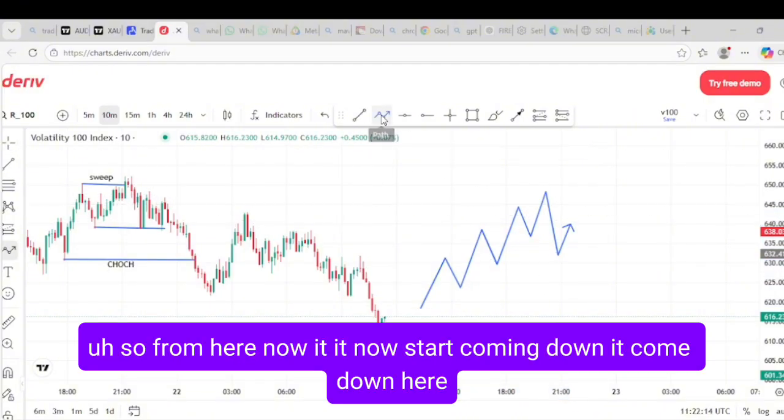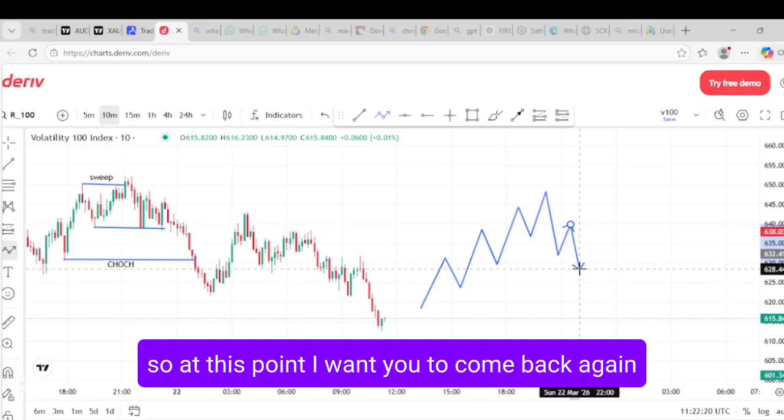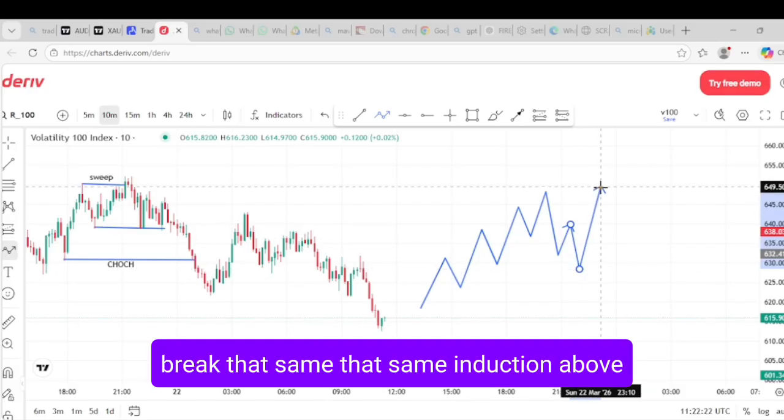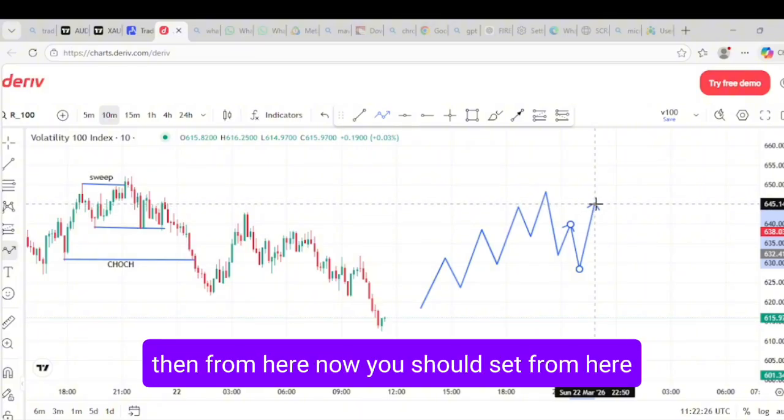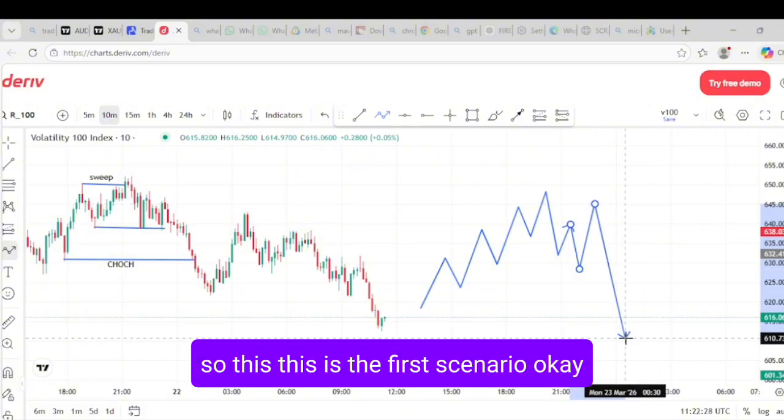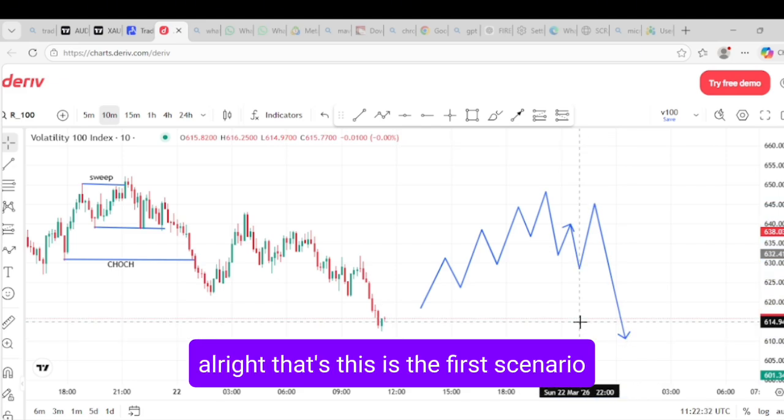From here it starts coming down. At this point I want it to come back again and break that same inducement above. Then from here it should sell. So this is the first scenario.